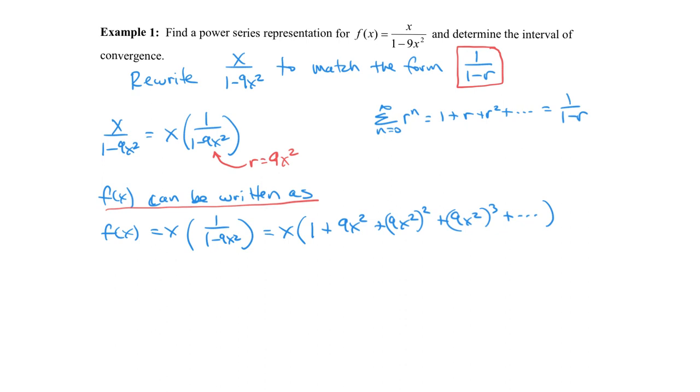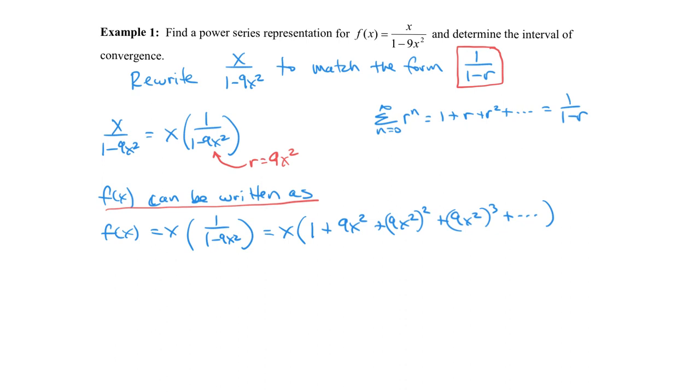Okay, so you could write it like this. So I could just basically distribute this through, and I get x plus 9x cubed plus, and then this is going to be 81x to the 5th, and you could keep going like that.